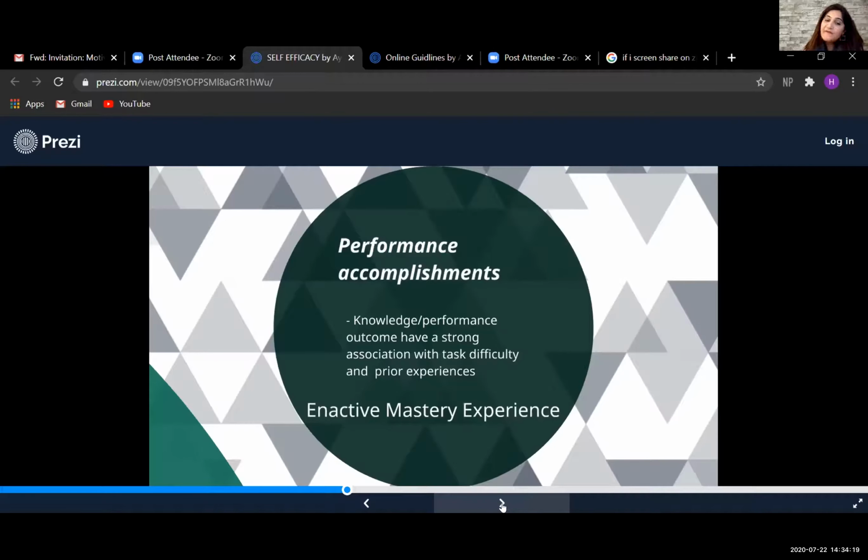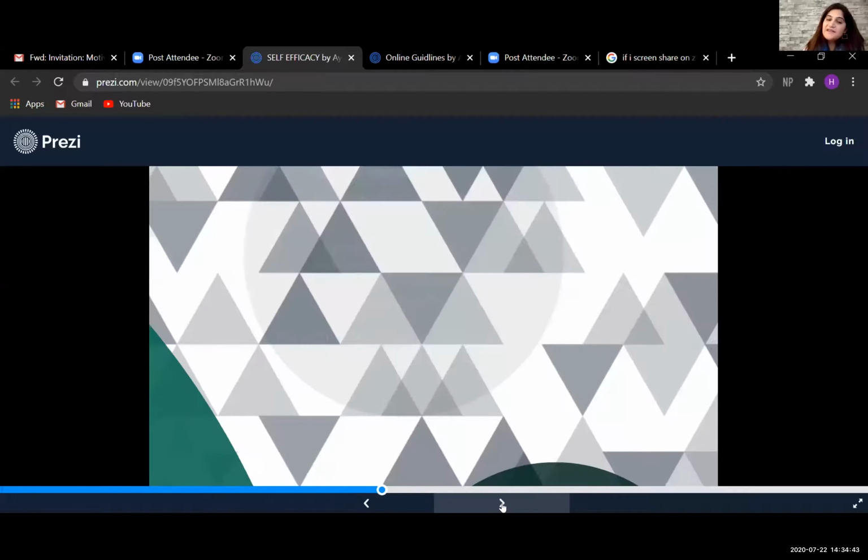So they're going to have a strong association with your self-efficacy. It depends on the kind of experiences a person already has. So if you're not going to have positive experiences, obviously it's going to affect the task that you're going to perform.